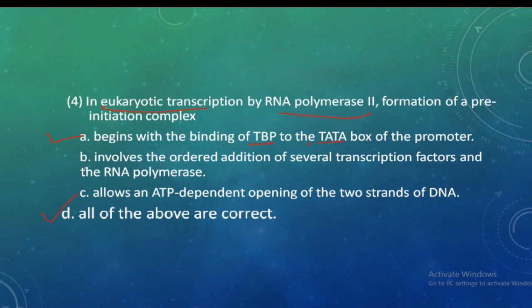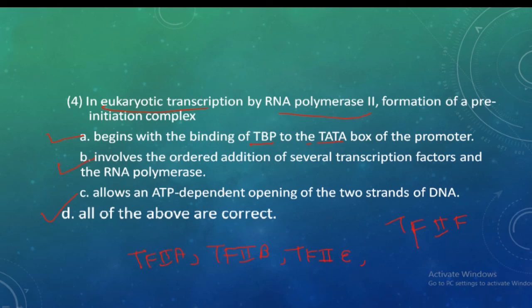Second, it involves the ordered addition of several transcription factors. That is also correct, because we have just seen that first transcription factor A will come, then transcription factor B, then transcription factor E, then transcription factor F. Like this, many transcription factors will come and help to complete this transcription process.